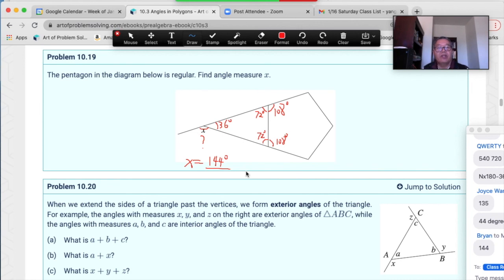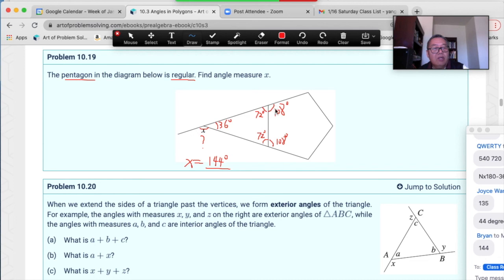So you can see, to solve a geometry problem, you need to use logic. Start from the beginning. They give you a regular pentagon.